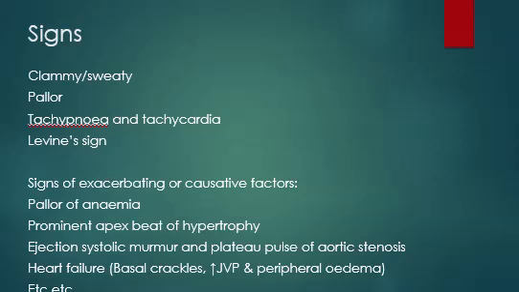So onto the signs. This slide's a little bit full, but it's not too bad. It's not too complicated. Most of this is just signs of exacerbating or causative factors rather than the actual signs of angina. So if someone's having angina, obviously they'll be in pain. They'll probably be either verbally telling you, or they'd be clutching at their chest. If they're clutching at their chest, making a fist shape around their heart area, that's considered Levine's sign.